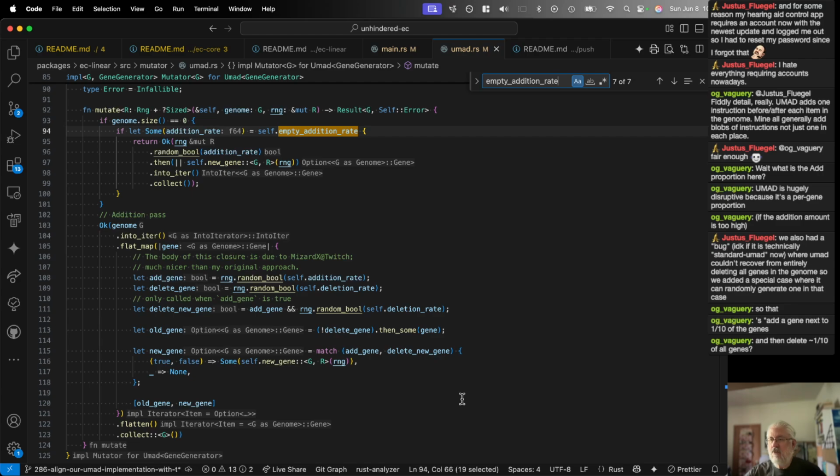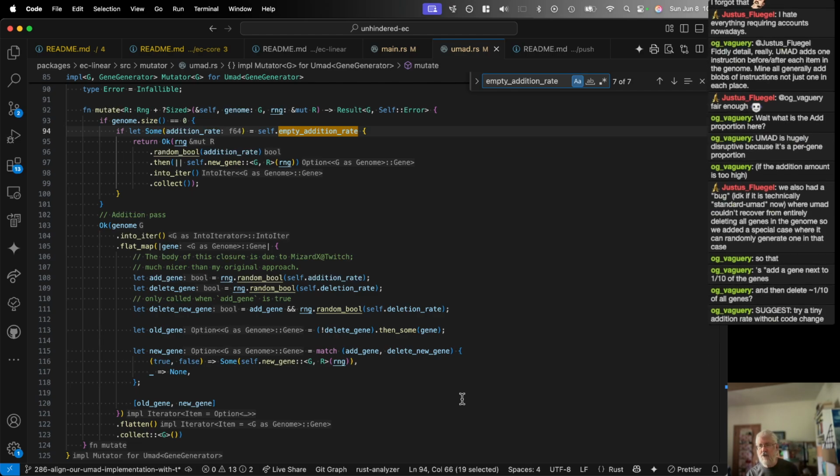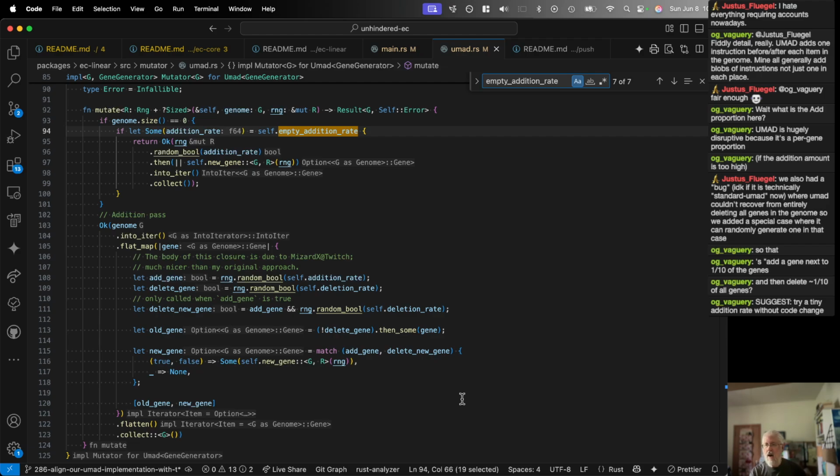So right, it's add a gene next to 1/10 of the genes and delete roughly 1/10 of the genes, which, if you think about it, really is, as you said, very disruptive. Why does that even remotely work?